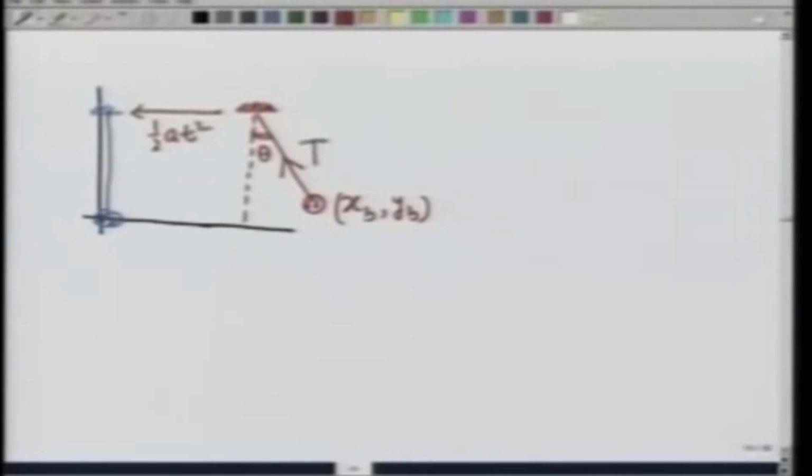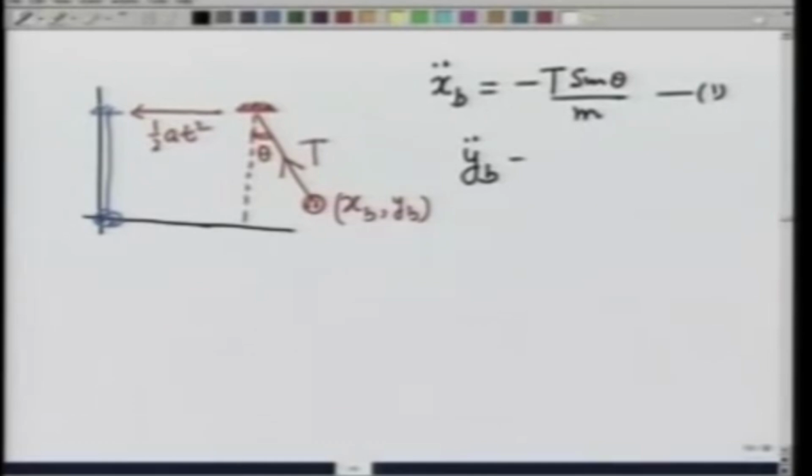Let the tension in the string be T. Let us write the equations of motion for the ball. I am going to have x b double dot is equal to minus T sin theta divided by m. That is my equation 1. I am going to have y b double dot is equal to T cosine of theta over m minus g.